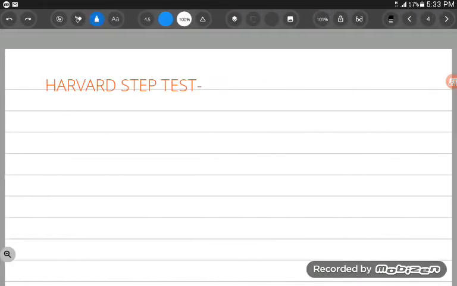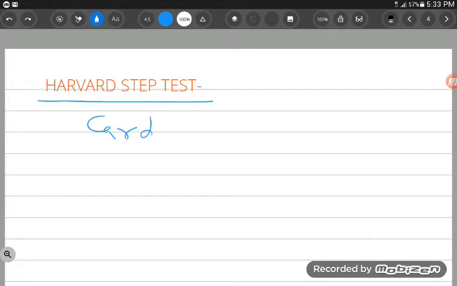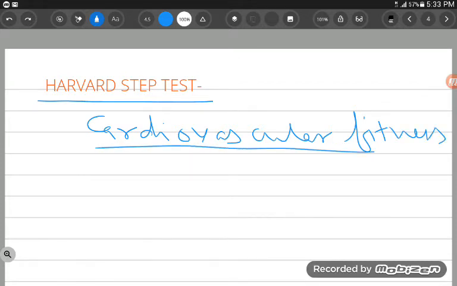As I discussed at the start, there are two tests in your syllabus to measure cardiovascular fitness: Harvard step test, and the other test is Rockport test.